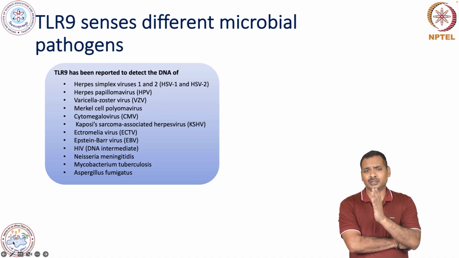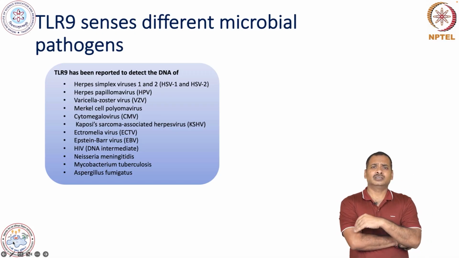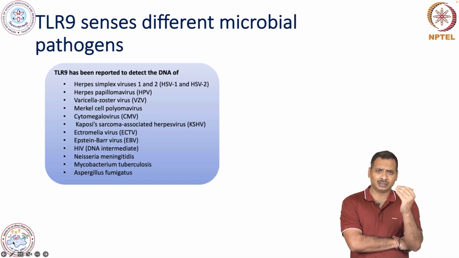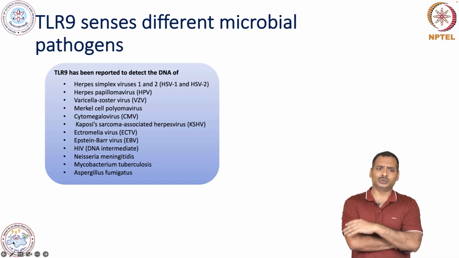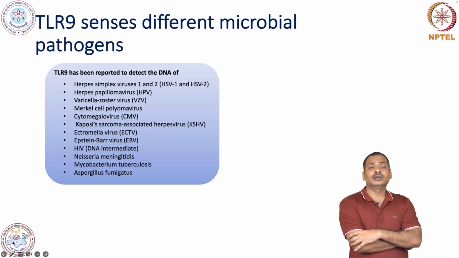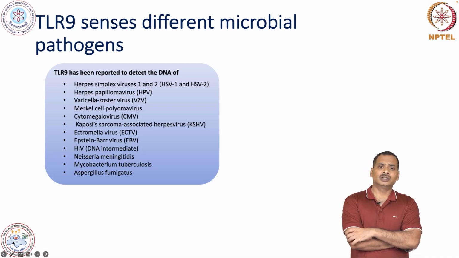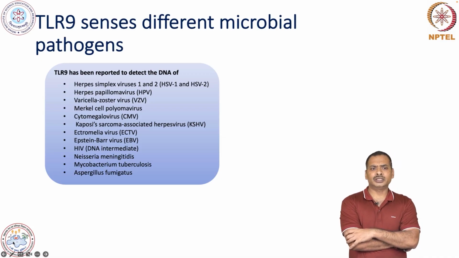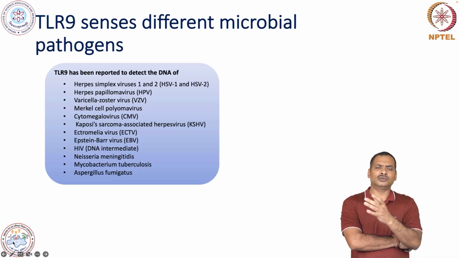There are two types of herpes simplex virus, and TLR9 senses the DNA from these two viruses. Human papilloma virus, varicella zoster virus, Merkel cell polyomavirus, cytomegalovirus, Kaposi sarcoma-associated herpesvirus, Ectromelia virus, Epstein-Barr virus, and HIV, the DNA intermediate.